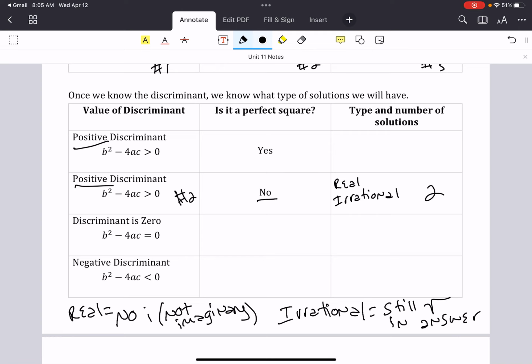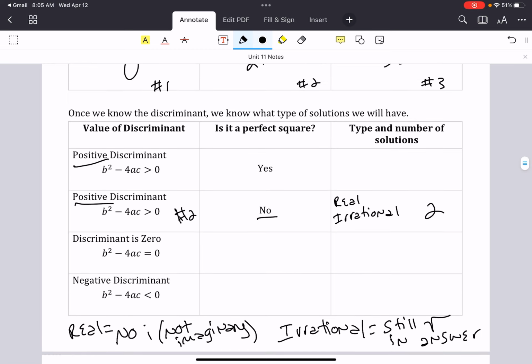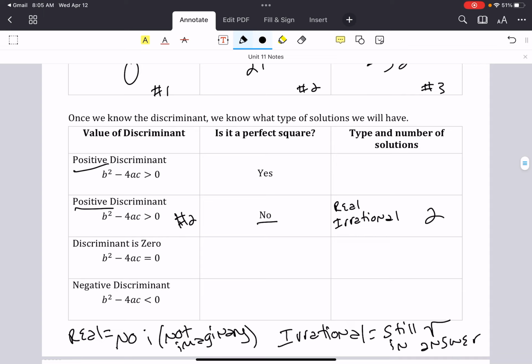Okay. Which of our examples up here are like this one here? Discriminant is 0. The first one. These boxes only matter if they're positive.